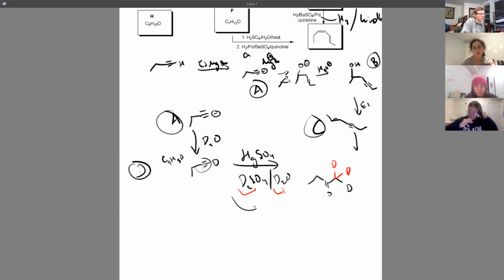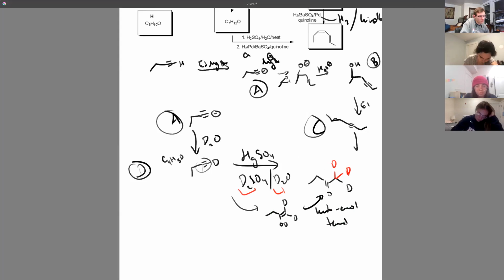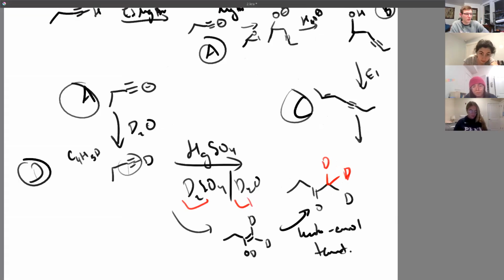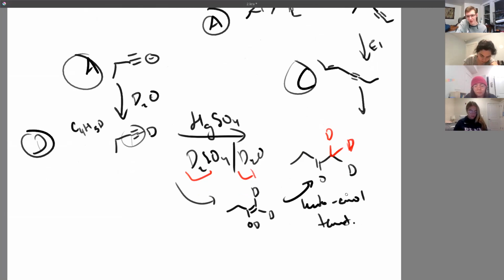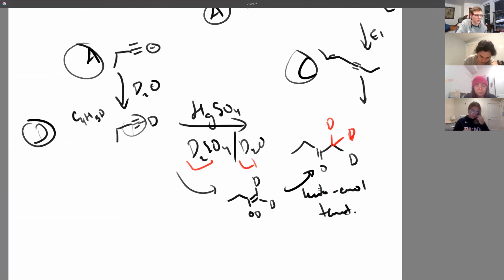First it goes to this structure, and then it does keto-enol tautomerization to get to the final structure. It's an acidic keto-enol tautomerization, right? Which differs from a basic one. They have different mechanisms, so those are good to know. I would highly recommend looking those over. So it does go through a keto-enol tautomerization.